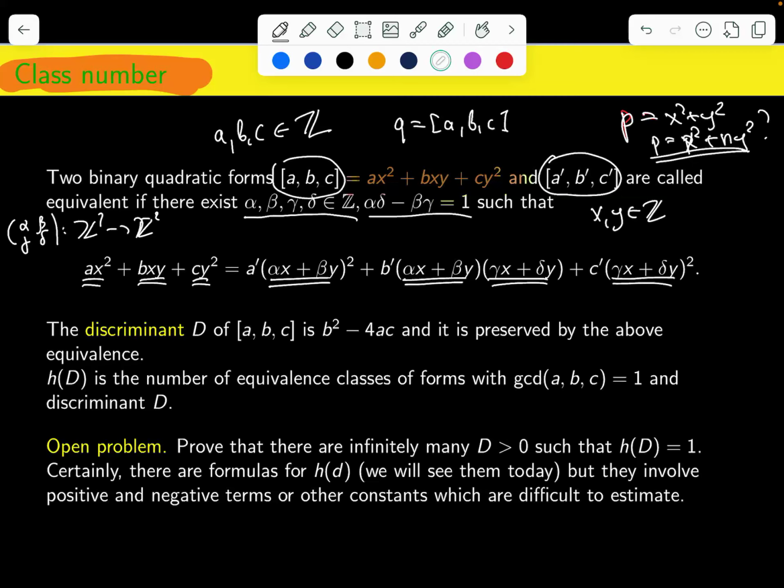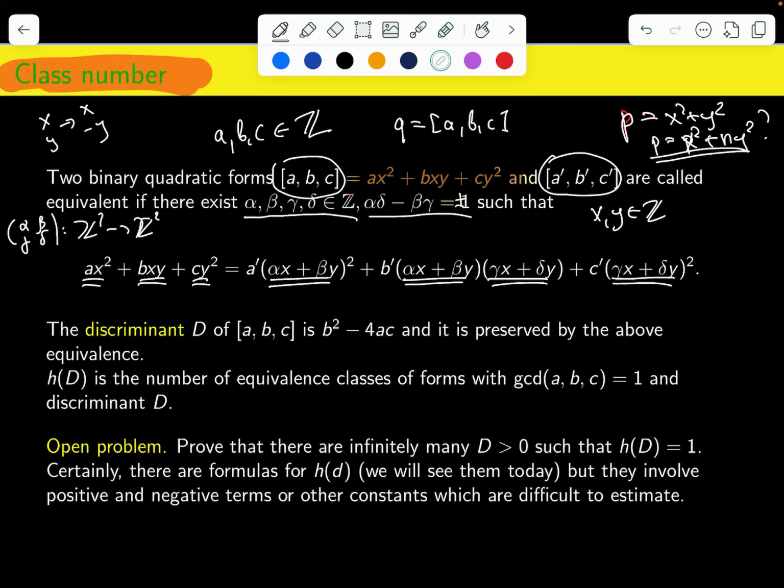Actually, you can ask, okay, why do we care about +1? We also can put here -1, right? Because it's also an automorphism of Z². It changes the orientation, but well, why not? You can also do it. Then this equivalence is called improper equivalence. And the equivalence with determinant +1 is called proper equivalence. So proper equivalence is better in several aspects. It's just technically better. But in a sense, it's the same up to the transformations where you change x, y, for example, to x minus y.